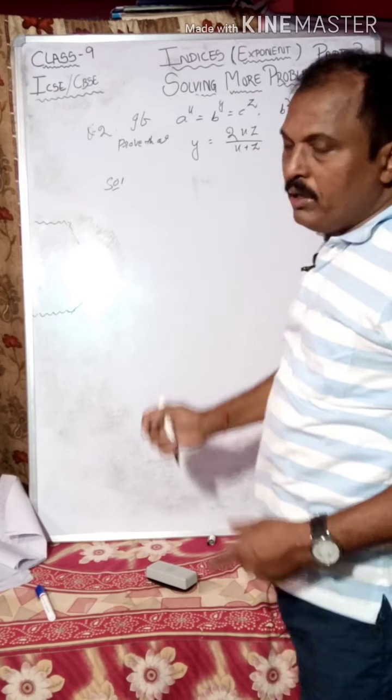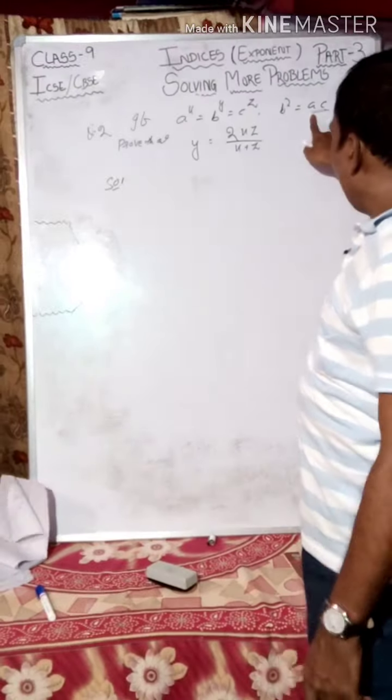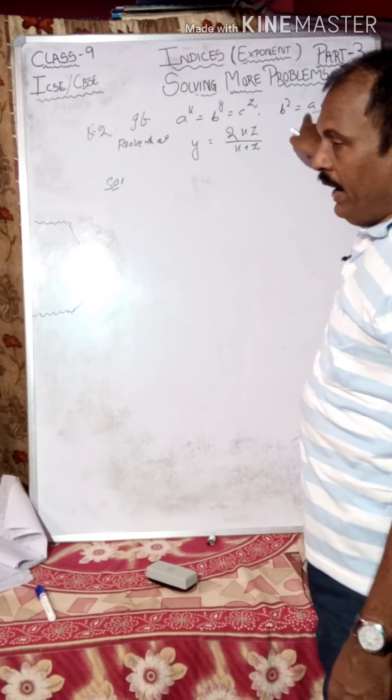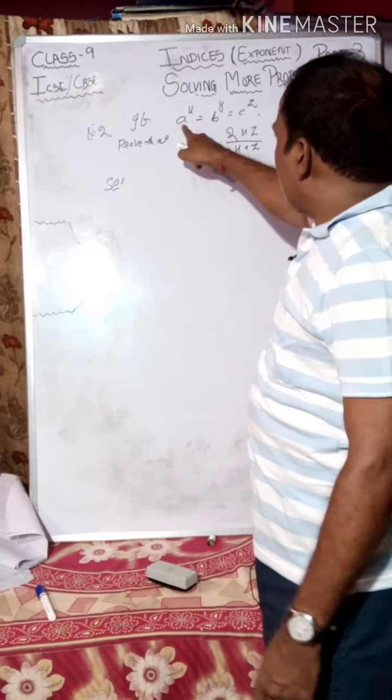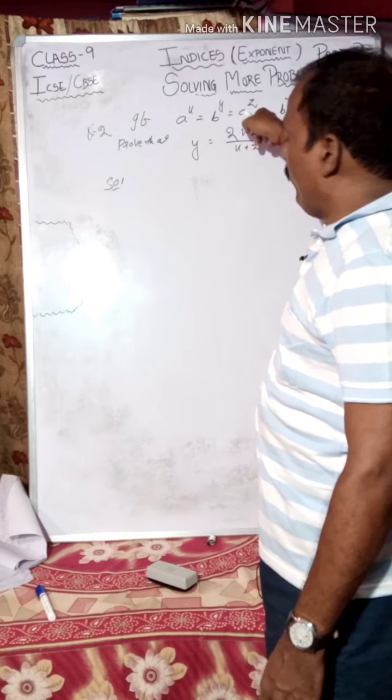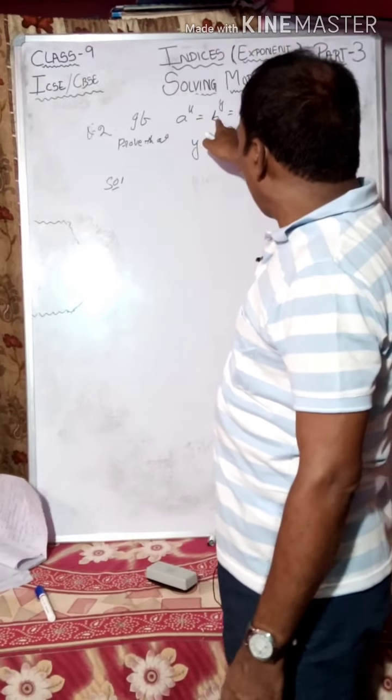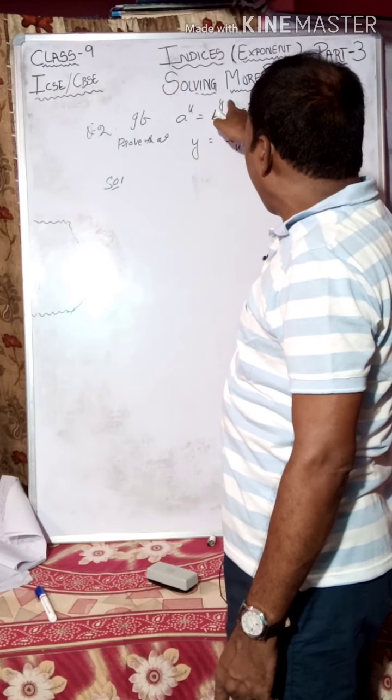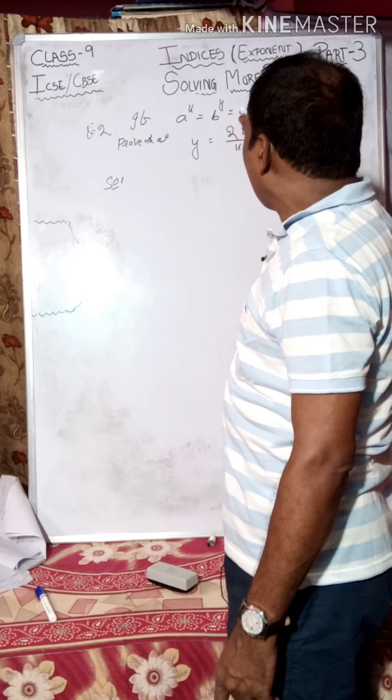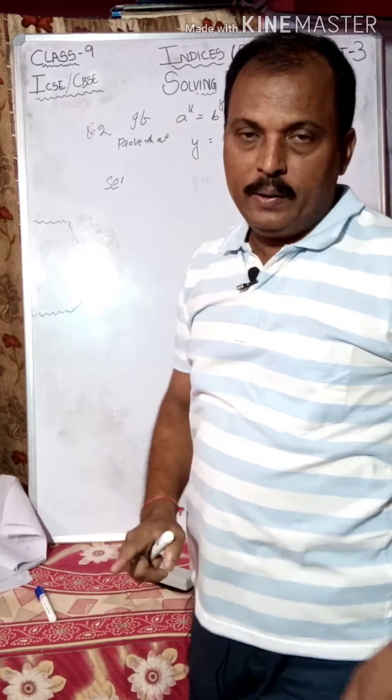Here b square means b is the base, 2 is the index. But ac is the other factor, a into c. In the previous statement, a to the power x is equal to b to the power y, b to the power y is equal to c to the power z, c to the power z is equal to a to the power x. All three expressions are equal.